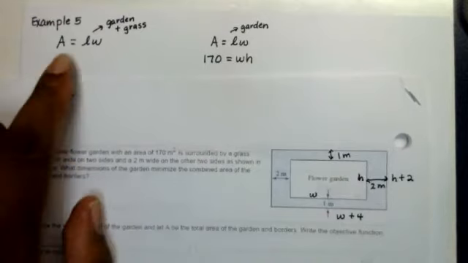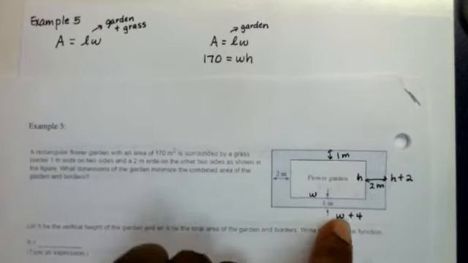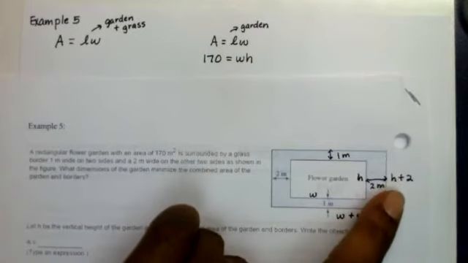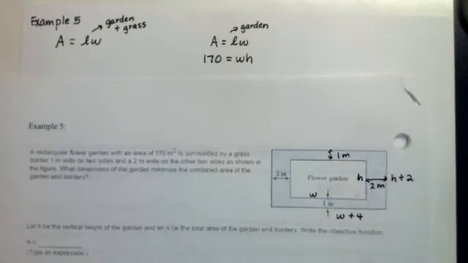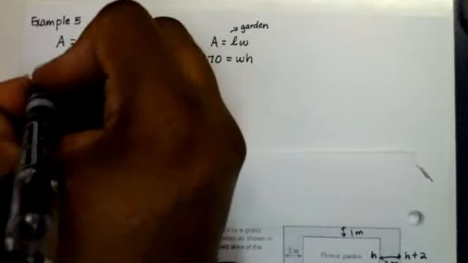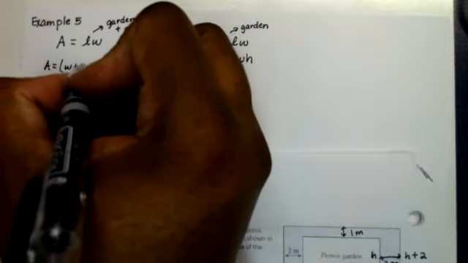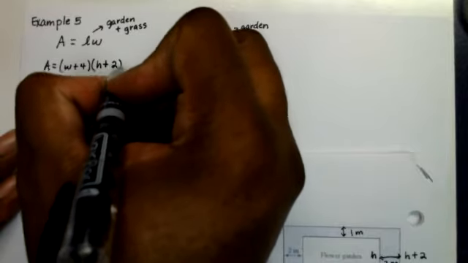So that means that the area of the garden and the grass that surrounds it would be this length times this width, or height. So it'd be W plus 4 times H plus 2. So let me fill this in. A is equal to W plus 4 times H plus 2.